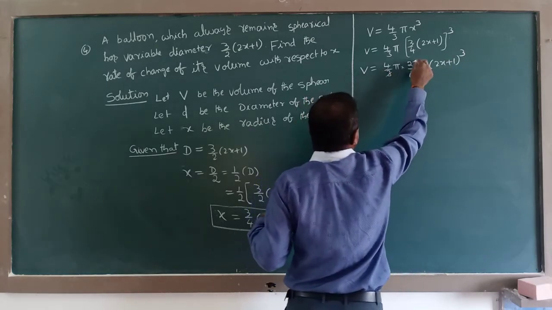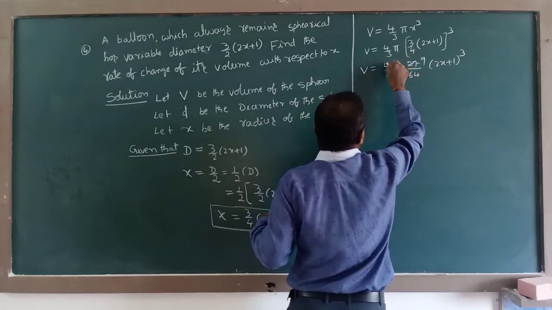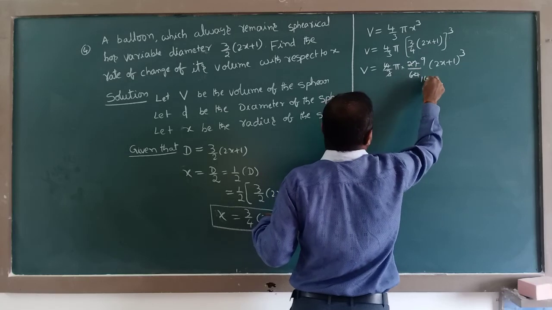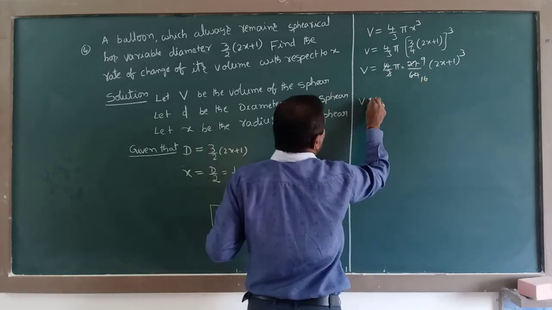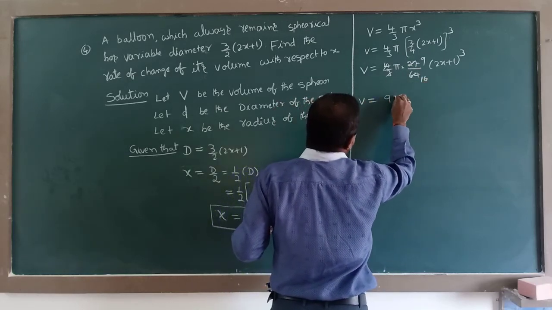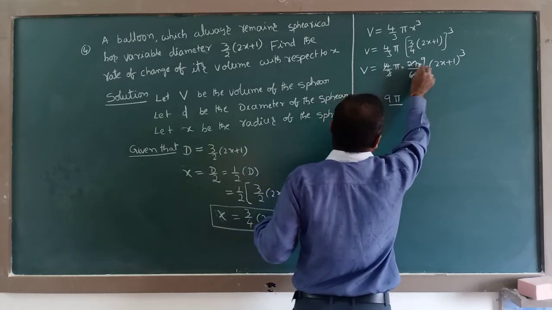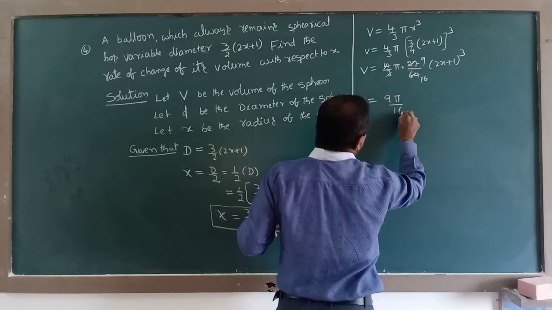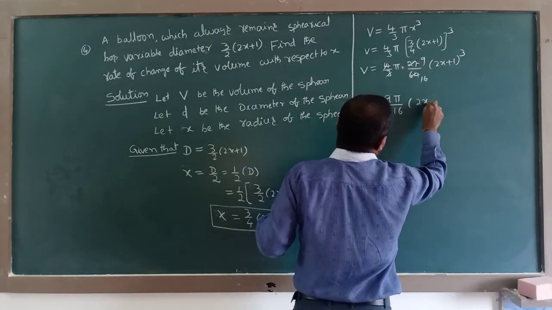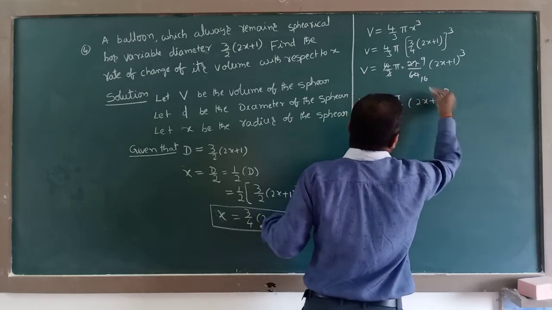Now 3 ones are 3, 9 fours are 36, and 4 fours are 16, so V is equal to 9 pi by 16 into (2x plus 1) whole cube.